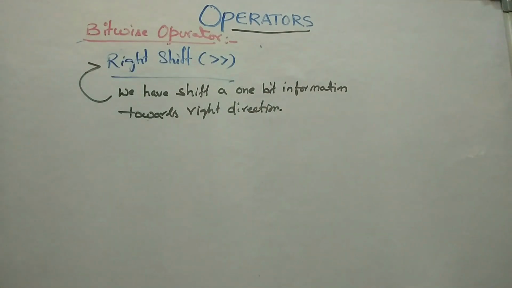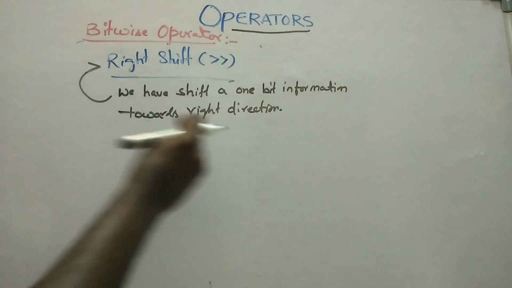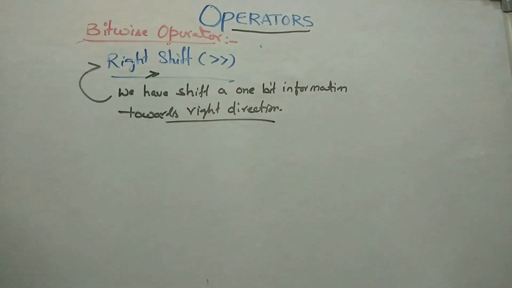Means if we take any value, we have to move that value's bit information towards the right direction, then we use the right shift.